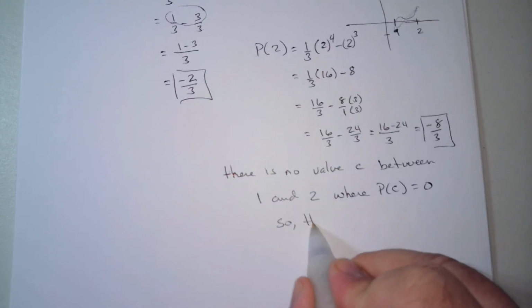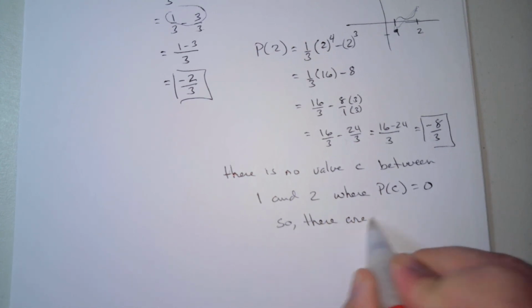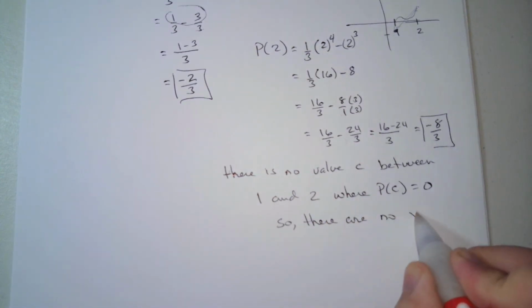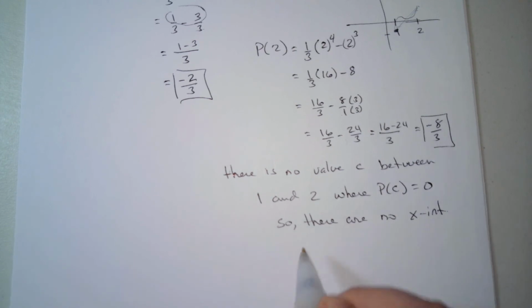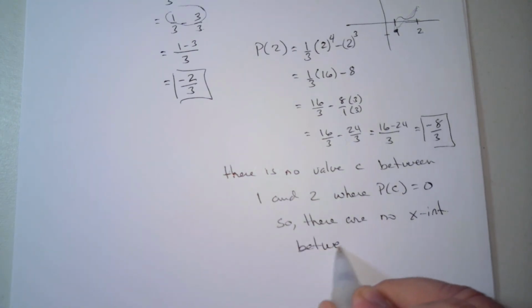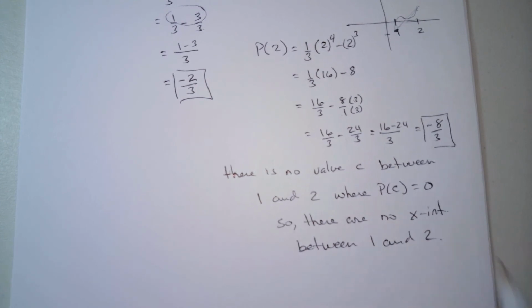So there are no x-intercepts between 1 and 2. That's all it tells us.